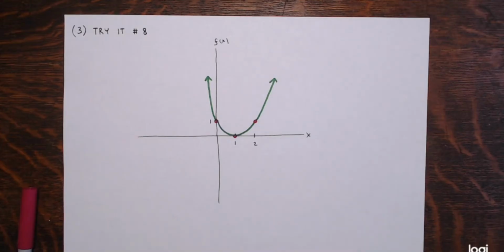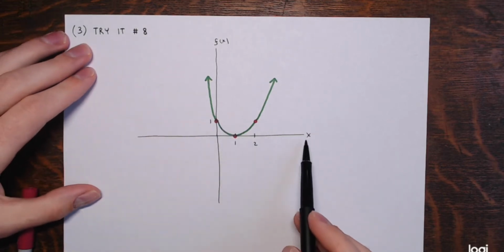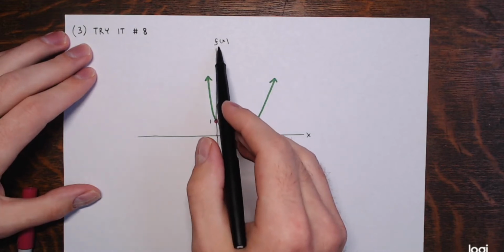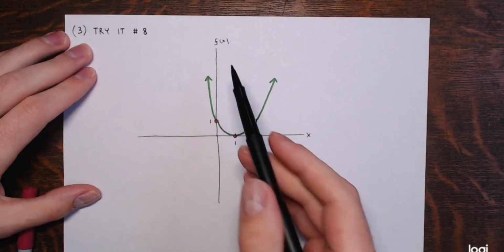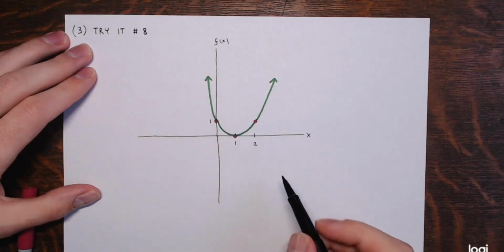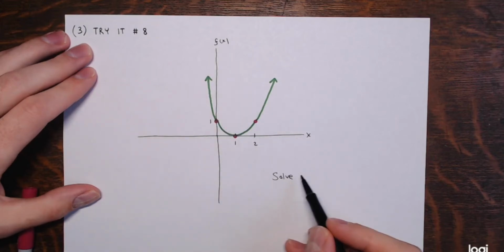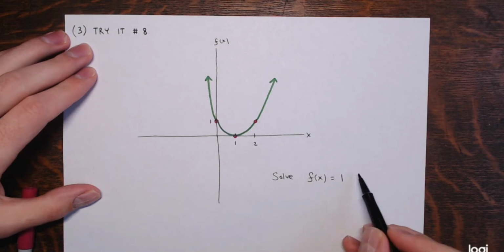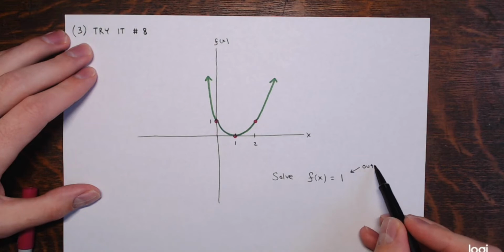So again, you can see why I said look at the book, because my hand drawing isn't that great. We have, horizontal axis is the input axis, right? The x-axis, the vertical axis, the output, and they labeled it f of x. And they want us to, again, solve f of x equals 1. And once again, this 1 is an output.